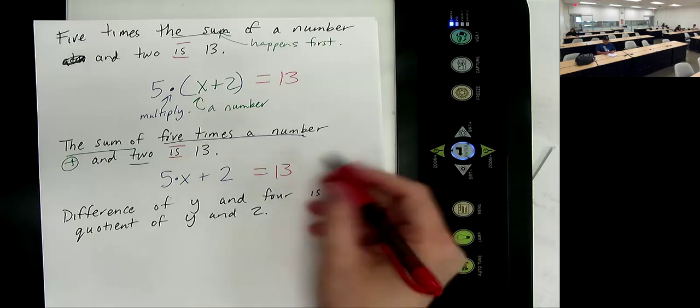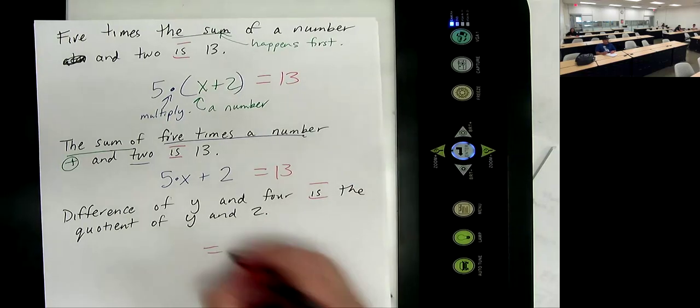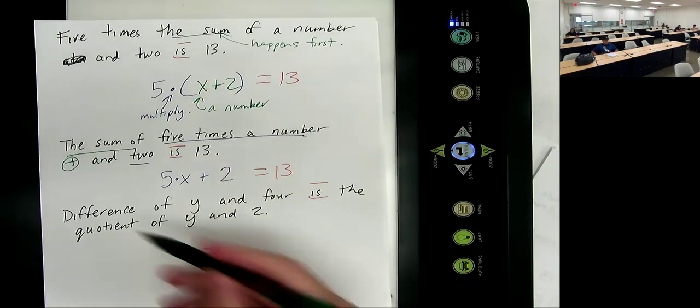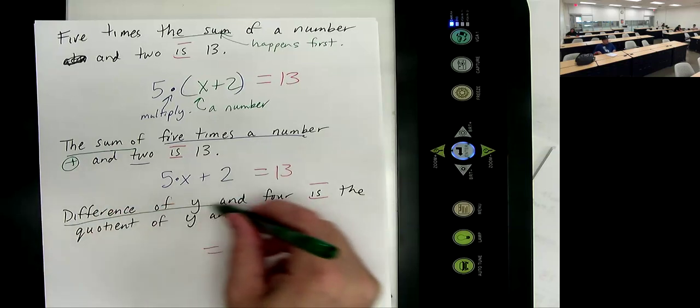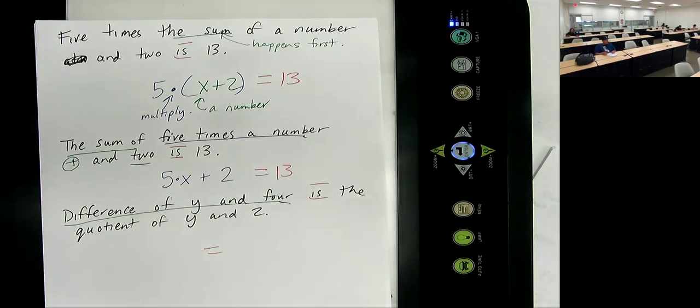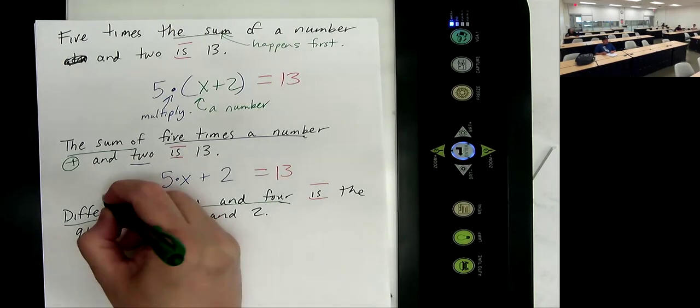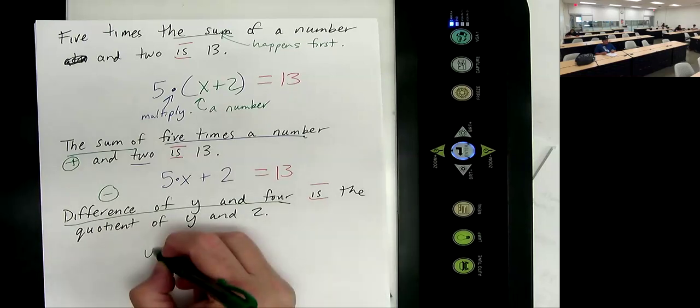So is the equal sign. And what happens on the left? Is difference of y and 4. When you see difference of, and you got two things, generally the one that comes first is the one that's subtracting the other number. Cause difference is subtract, and so we're gonna have y minus 4.